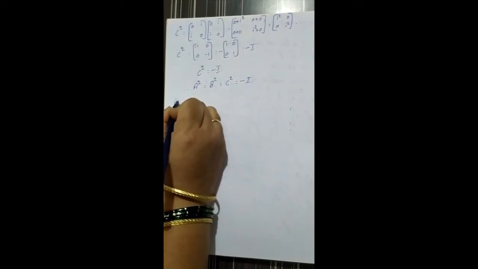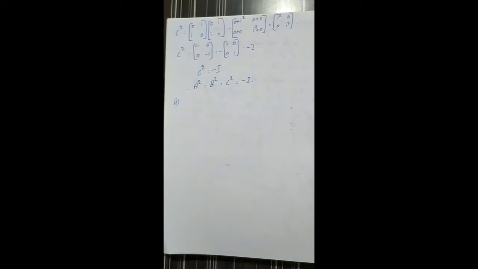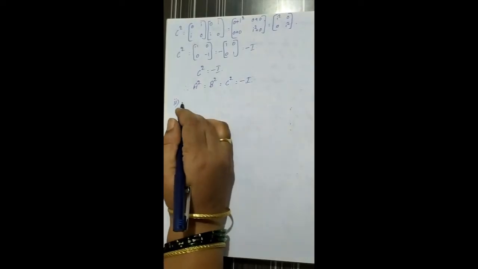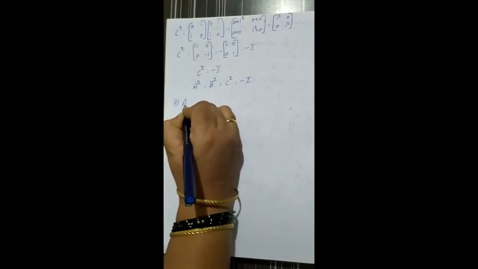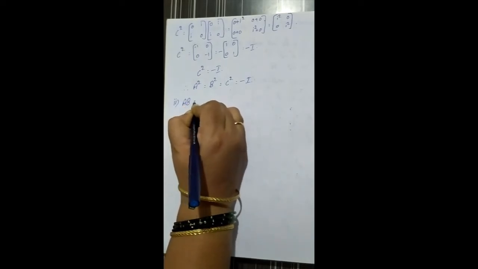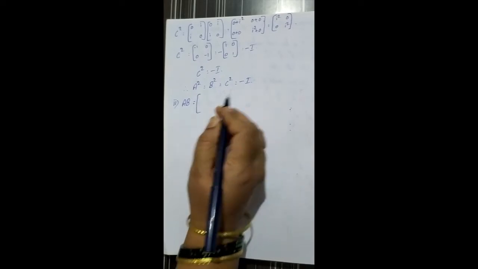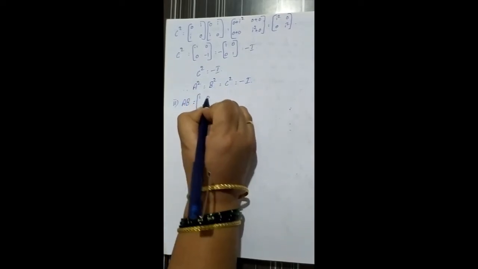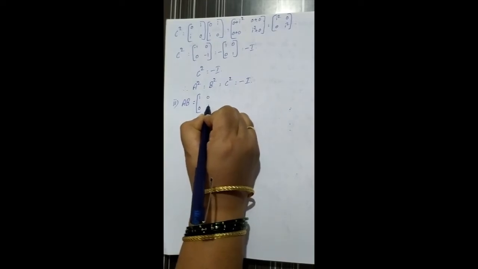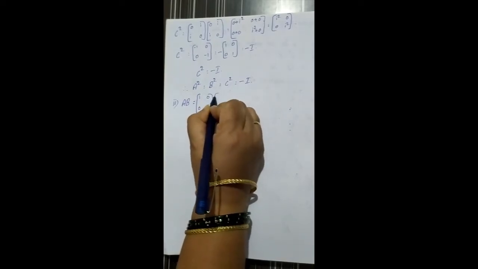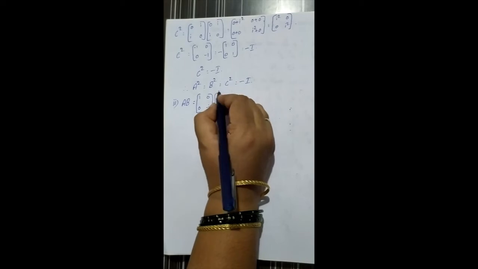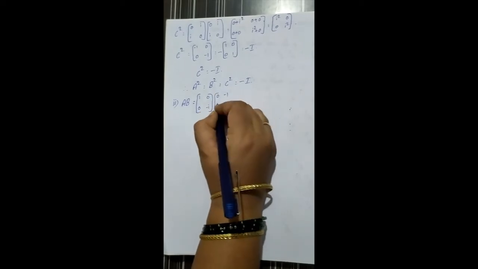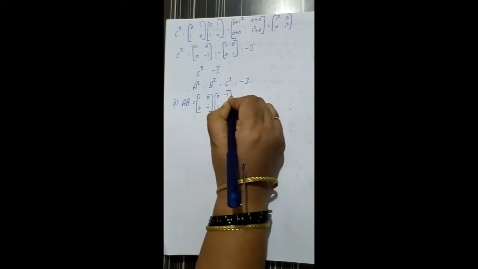In the second problem, we have to show AB equals minus BA, that is equal to minus C. For that, first we calculate the AB value. AB equals matrix A into matrix B. Matrix A is [i, 0; 0, -i] into B, [0, -1; 1, 0].